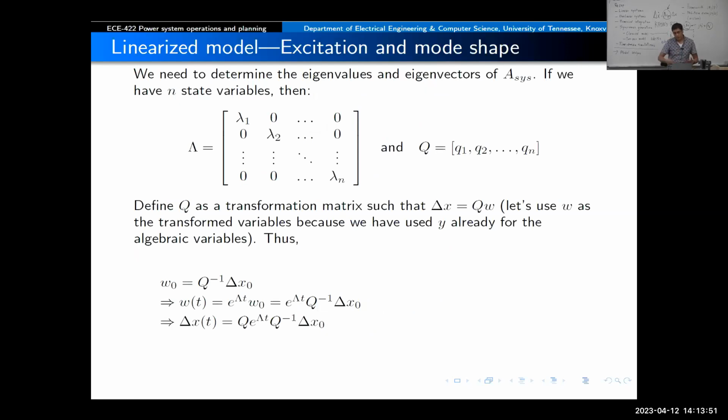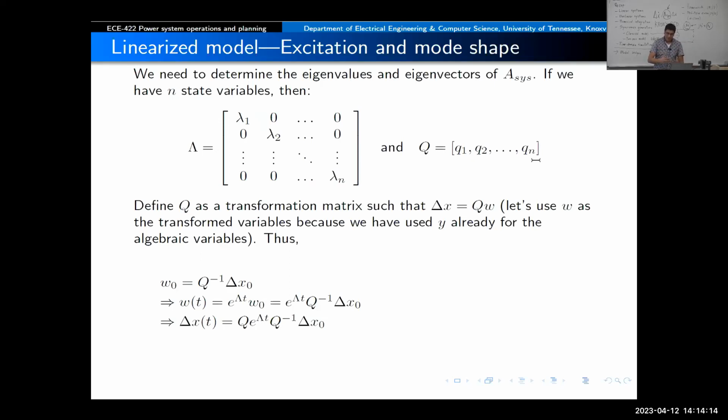When you have that matrix, then we apply what we had been doing. We need to get the eigenvalues, and then we will have this diagonal matrix with the eigenvalues, all of them determined. We will have a transformation matrix Q with the columns being the right eigenvectors of each of these eigenvalues.